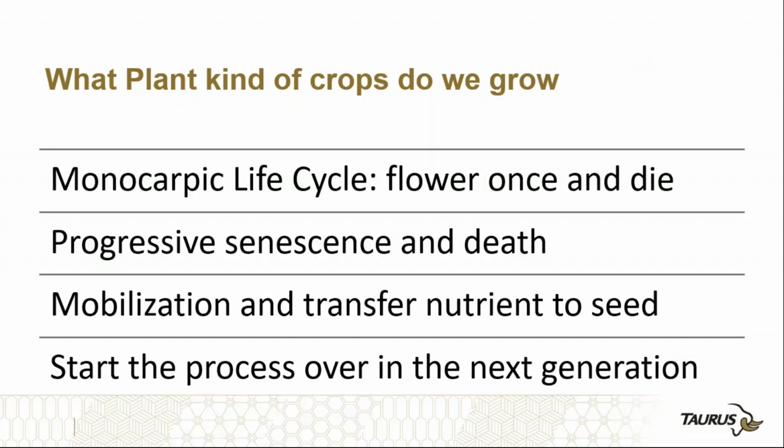And then in the springtime, the reverse process happens, where the seed germinates and transfers the nutrients to the new growing shoot. So basically, the nutrition level of the seed is dependent on the previous year's mother plant's ability to store the proper amount and the total amount of nutrients necessary to get that seed up and going.